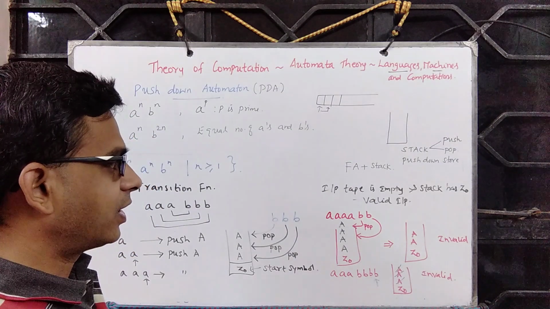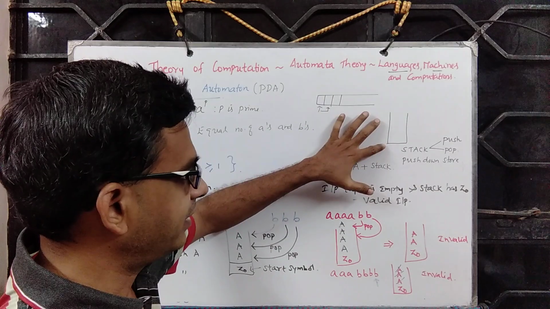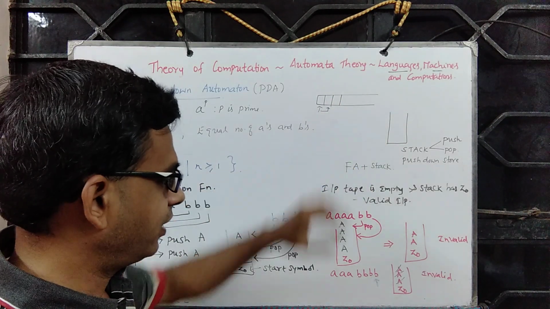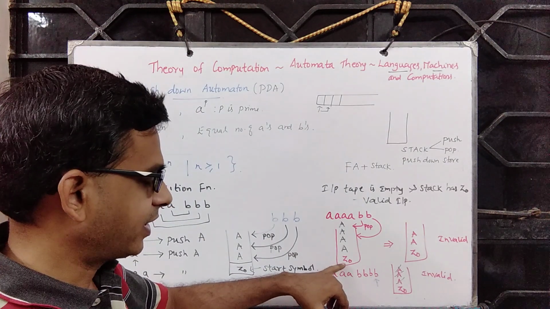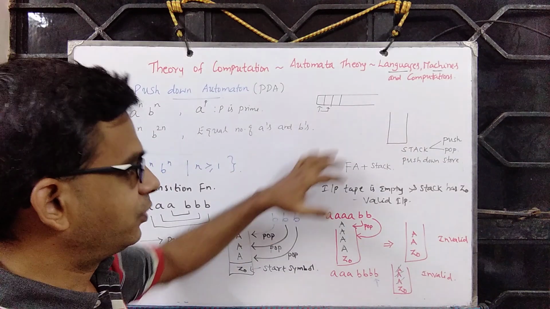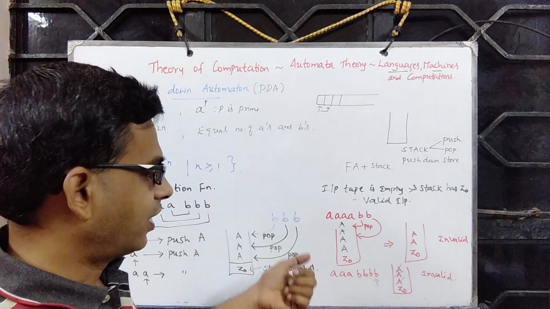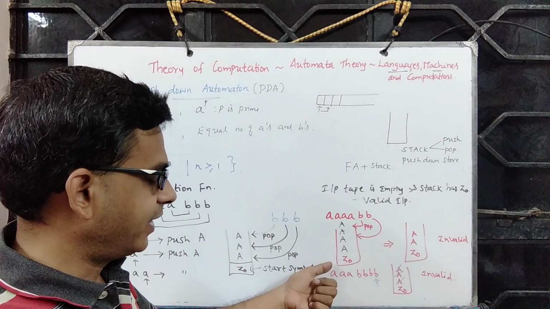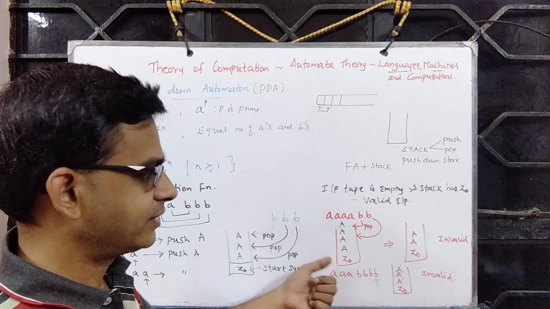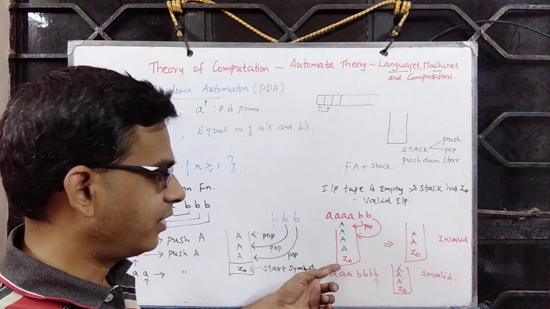Please note, just to mark the end of the symbols in the stack, or to show we have reached the bottom of the stack, we use the marker or the start symbol Z naught. This symbol indicates that the stack is empty, which is why we call it the start symbol.